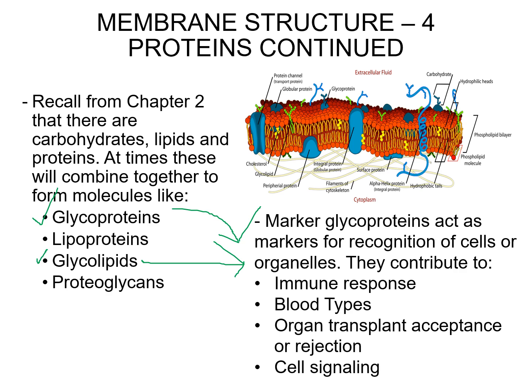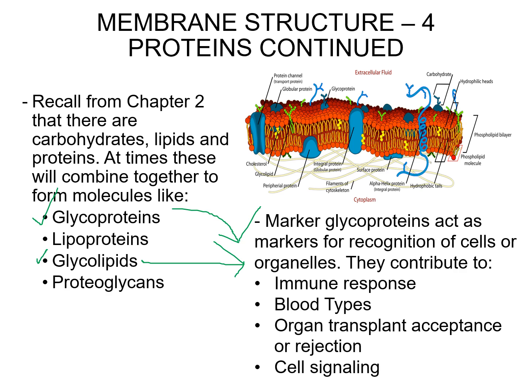So when we get to glycoproteins and glycolipids, as I mentioned, a lot of them are interspersed. They all do the same thing. Glycolipids are going to be involved with the immune response and blood types and helping cells talk with one another. But so will glycoproteins. So you can see all of these different things that they're responsible for. We'll learn about the immune response and blood types next semester.